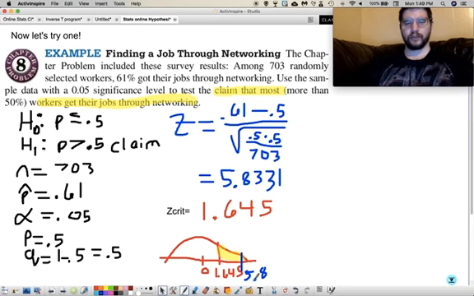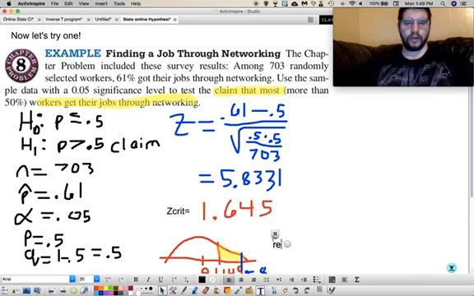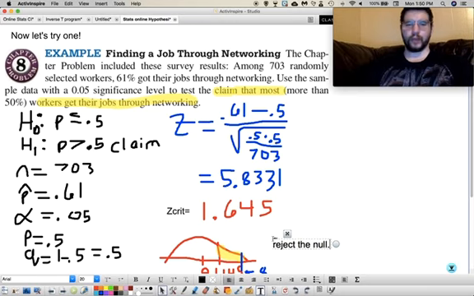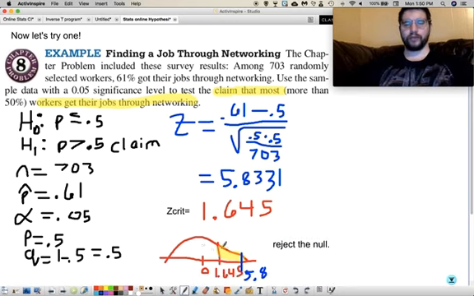So that means we reject the null. Write that down. Whenever you graph your test statistic and your critical value, write down whether or not you reject or fail to reject the null. So, reject the null.